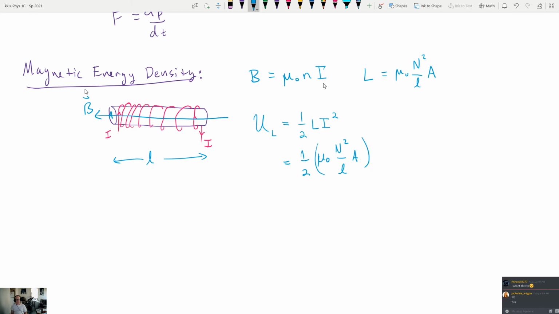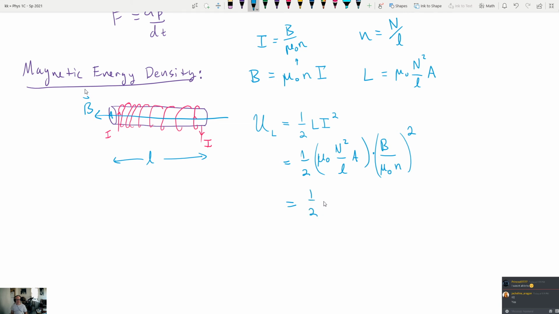For I, we're going to solve this for I. So we'll have I is equal to B over mu naught n. Remember that little n is equal to big N over L. So we're going to use that here in a second. Okay, so the current is B over mu naught n. So we put in here B over mu naught times little n squared.